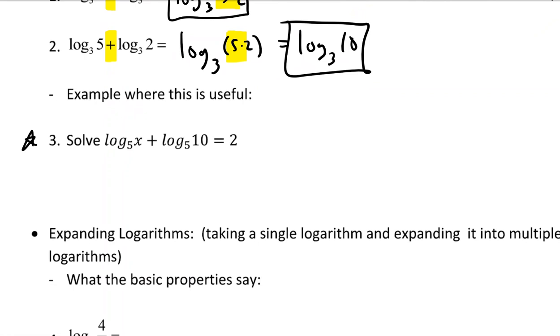So trying to come up with some number so that log base 5 of that number plus log base 5 of 10 equals 2. It's just not something that you can really do in your head. You also just can't use the skills from section 3.2 because we talked about how to evaluate this, but this is not a nice whole number. So I guess you could round it in your calculator and kind of move forward that way.